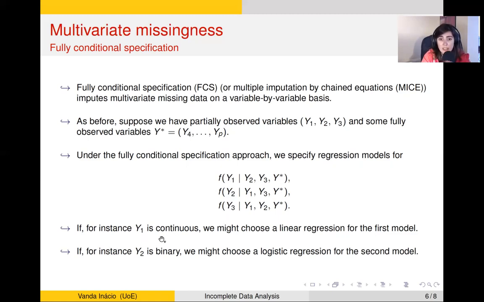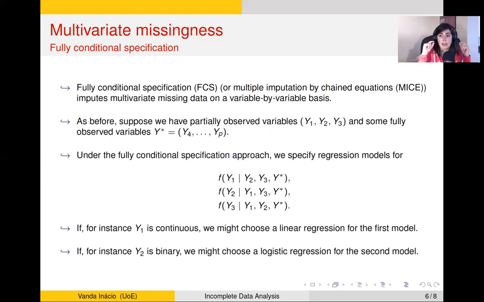For instance, if y1 is continuous, I can choose a linear regression model. If y2 is binary, I might use a logistic regression. So here it's also simpler, right? Because, as I've said, for the joint model, if the variables with missing values are both continuous and categorical or discrete, then the model is much harder.